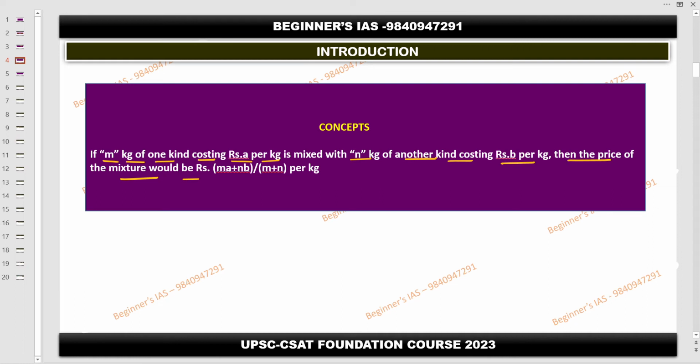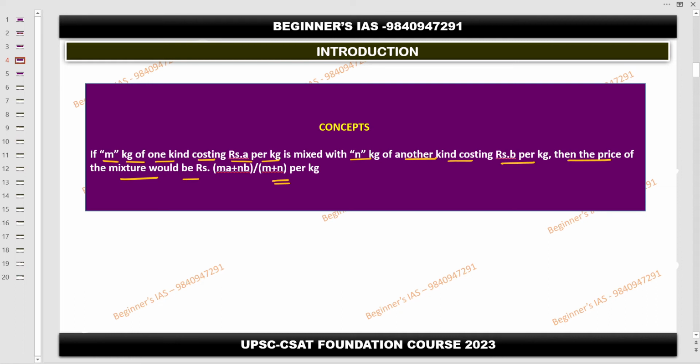If you know the mathematics section formula, then it would be easy to remember this. There it is mb plus na, here it is ma plus nb. That is the difference between the section formula and this one. This is the average weighted concept.